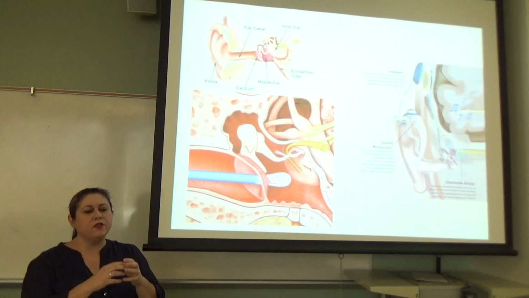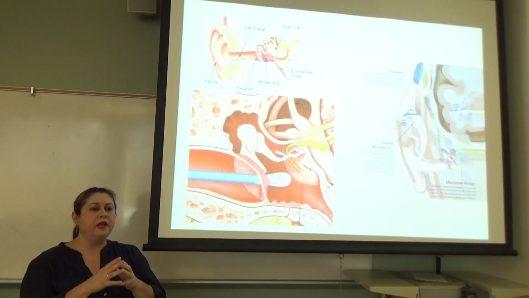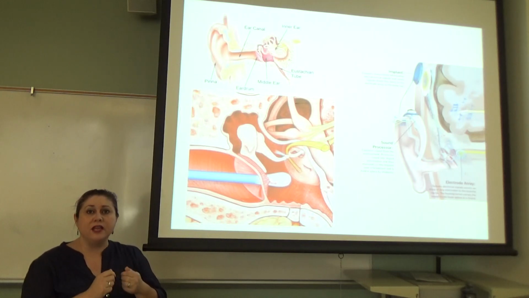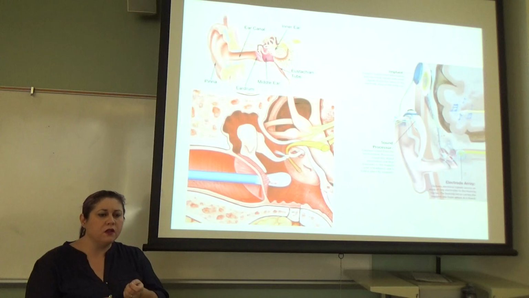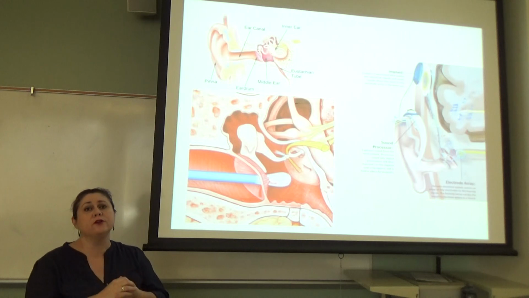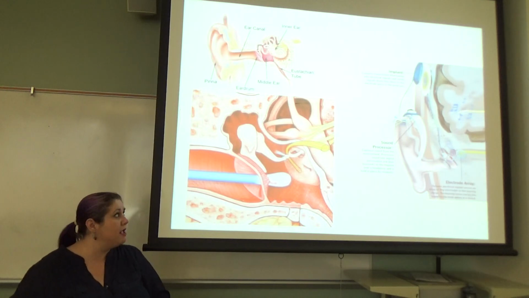And they looked and they saw the auditory nerve, and if the auditory nerve is fine, what would happen if you just stimulated the auditory nerve in those places? Would the person hear a sound? And the answer is yes. You can electrically stimulate those ends of the auditory nerves in those specific places, and the person will hear that as a sound. So what we've done is we've created something called a cochlear implant.